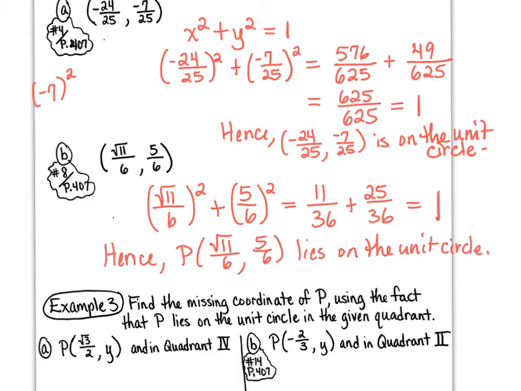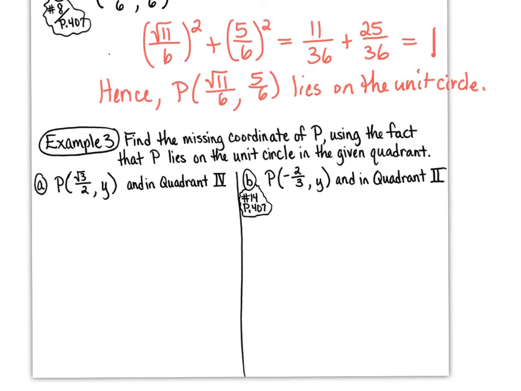Very good. Okay, so let's look at example 3. Example 3 says, find the missing coordinate of P using the fact that P lies on the unit circle in the given quadrant. Let's do a quick refresher of the signs in each quadrant. What are the signs of points in quadrant 1?